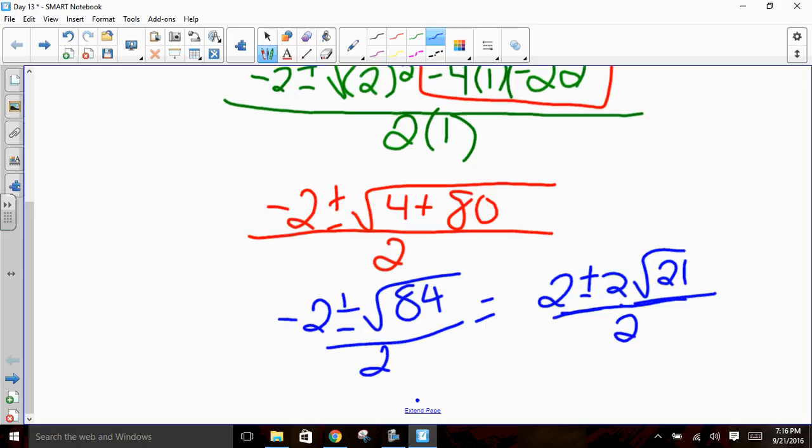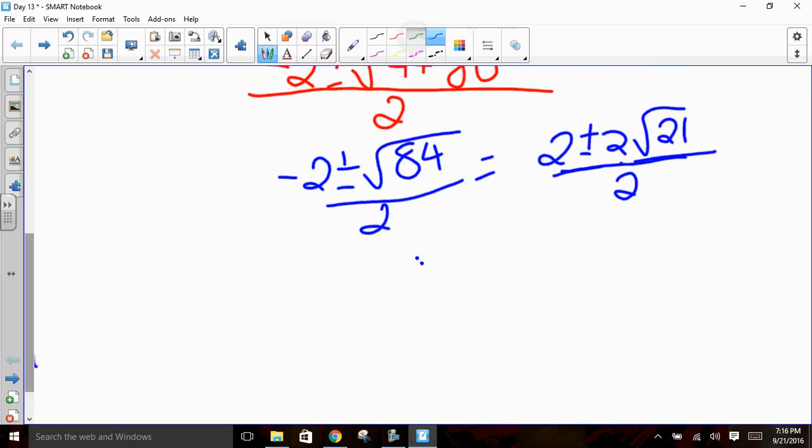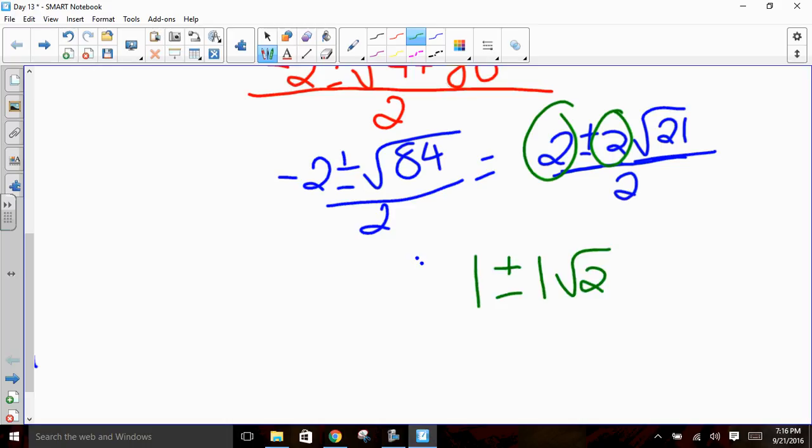When I say divide every term by 2, I mean everything that is not under the square root. So I asked myself, is everything else possible to be divided by 2? Yes, it is. 2 divided by 2 gives me 1. 2 divided by 2 gives me 1. So I have negative 1 plus 1 times the square root of 21.